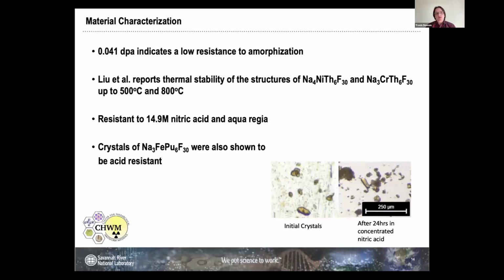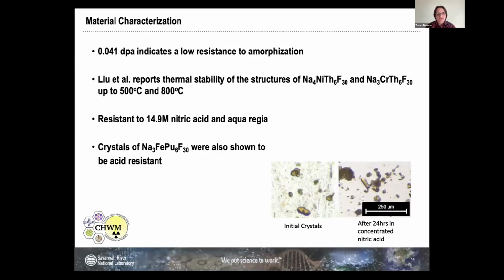But that is not the only characterization you want to see in a waste form. So you can also look at the thermal stability. Some other reports done on some analogous structures of the thorium version show that they are thermally stable up to 500 to 800 degrees Celsius, which is a very good characteristic for a waste form. It has also been shown to be resistant to nitric acid and even aqua regia.